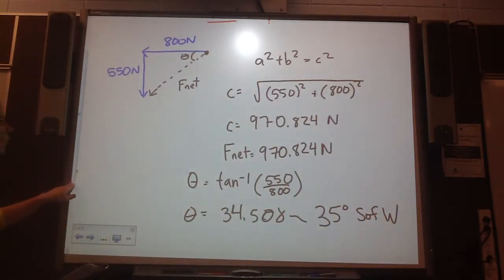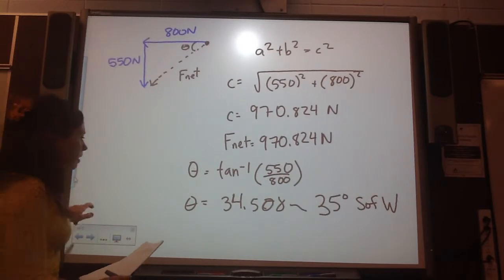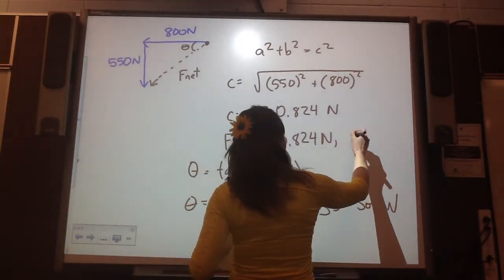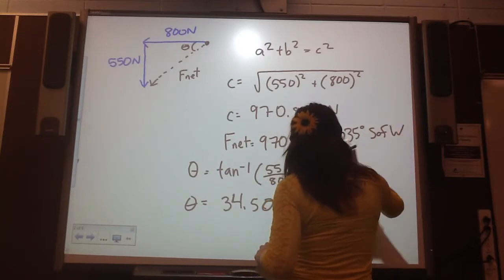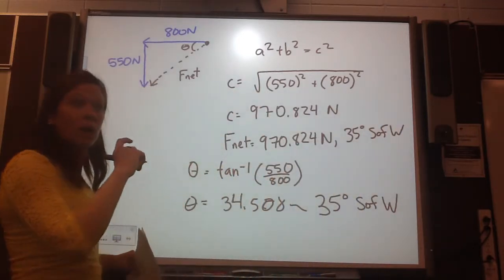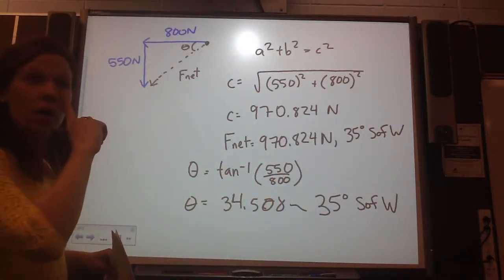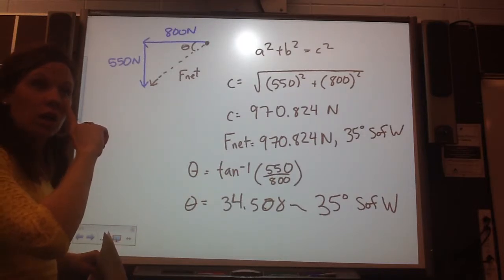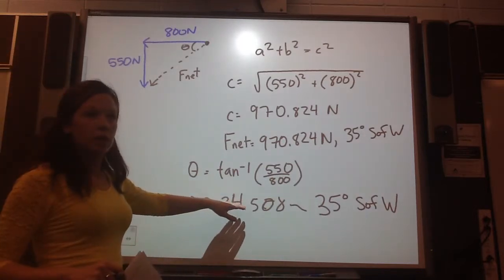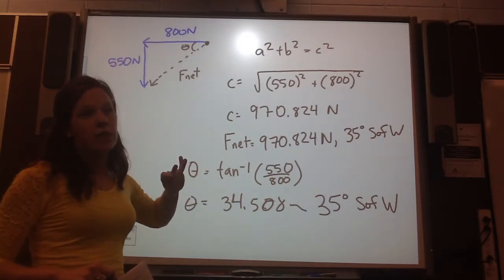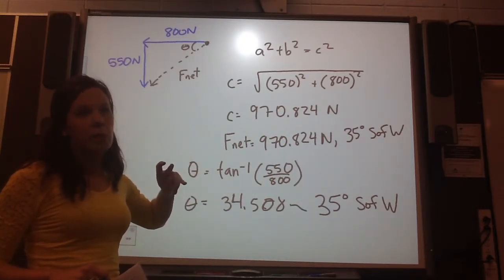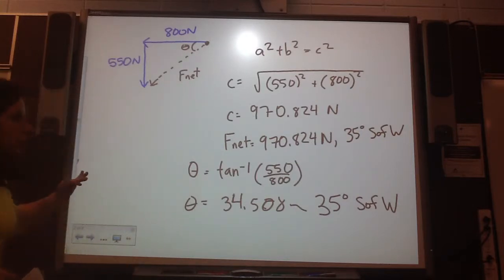Okay, so my overall F net then, I'm going to add that here, comma, 35 degrees south of west. For this one? Is your calculator degree? Yeah, degree mode. Maybe you're still in radian if you reset your calculator. Good suggestion.